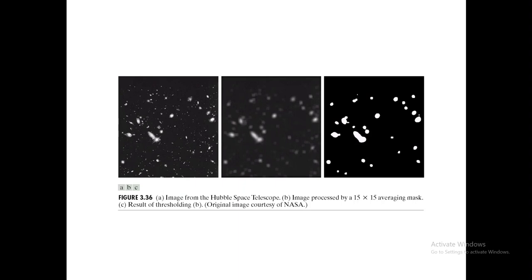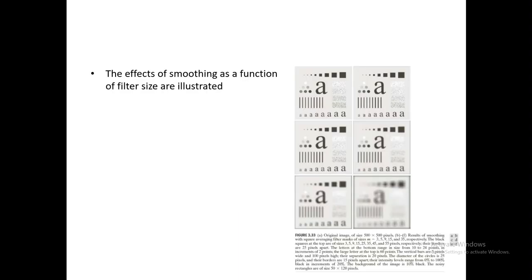Here we get the smooth version of the image by using the 15 by 15 averaging mask, and we can see the image is blurred as compared to the original image. We can see here the effects of smoothing as a function of filter size.